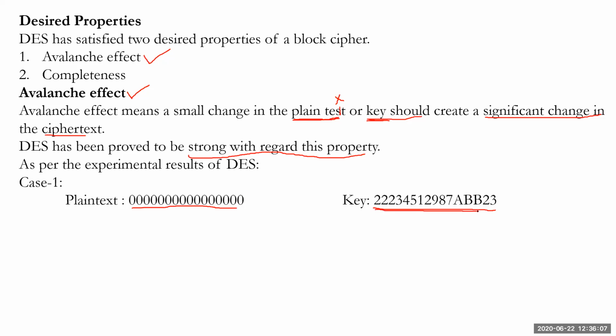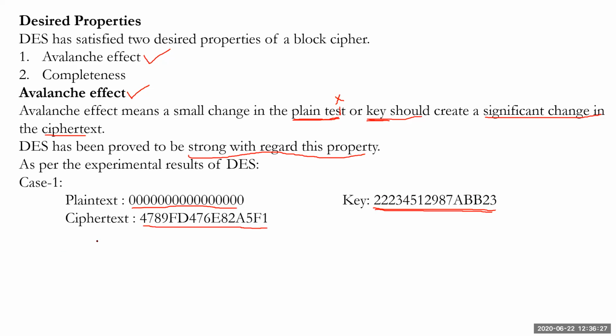Here also it is 64 bits only: 16 digits, each digit occupying 4 bits. Using this key after 16 rounds, this is the ciphertext which is generated.